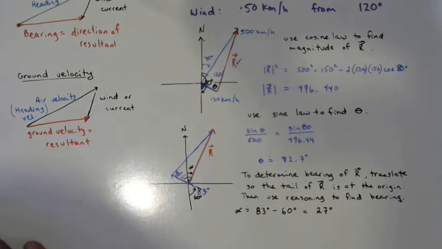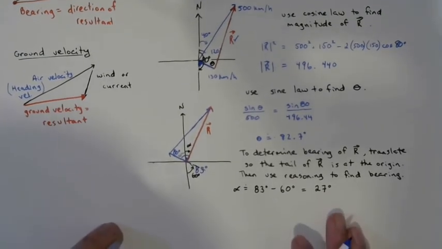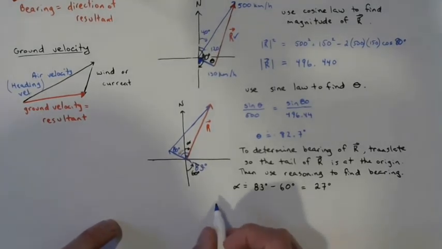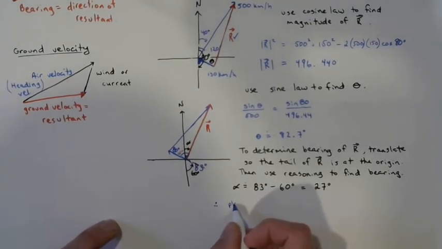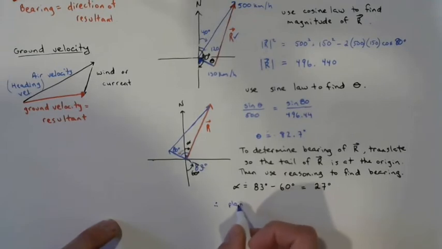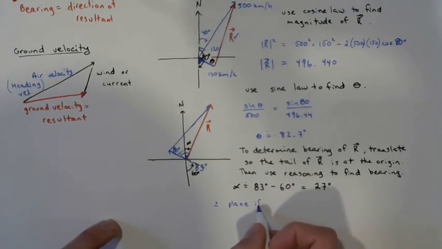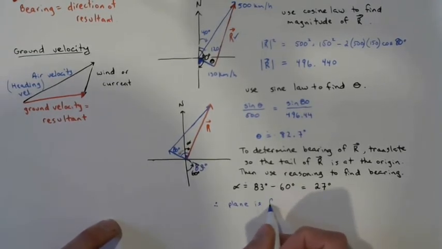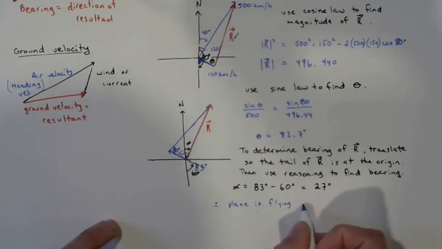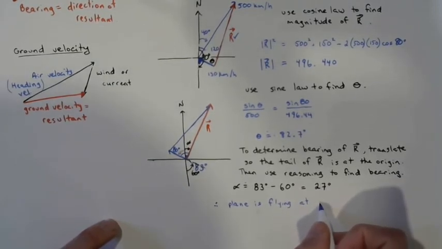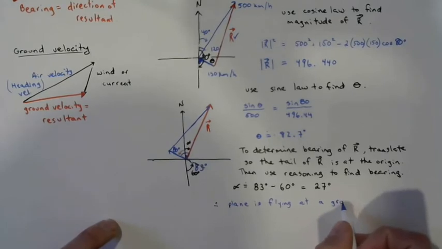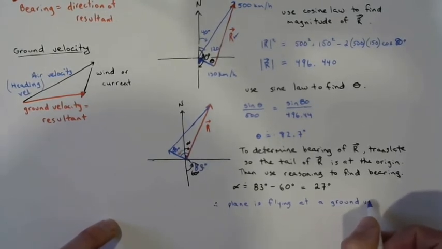So our airplane then, therefore, plane is flying at a ground velocity. Ground velocity was the velocity of our resultant.